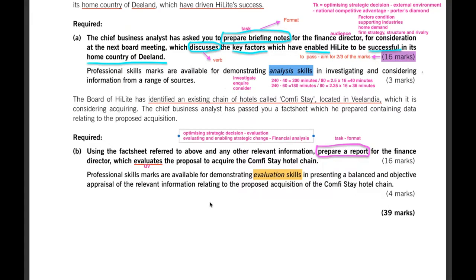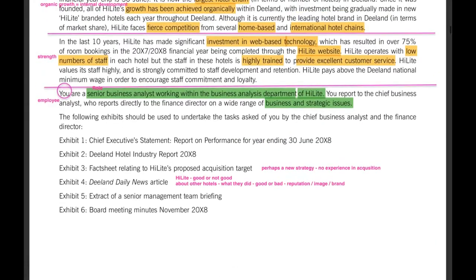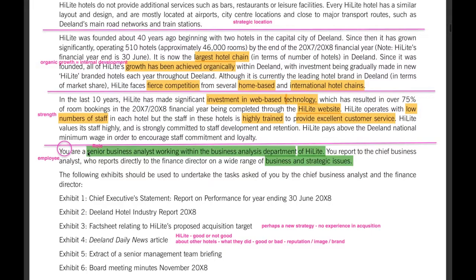So what else should we be looking for? You have your question verb, you have your task here, and now you're preparing a report for the finance director. If you still remember, your role here is a business analyst of this particular department of Highlight, and I put here employee. Why is this so significant? Because here you are not an outsider.